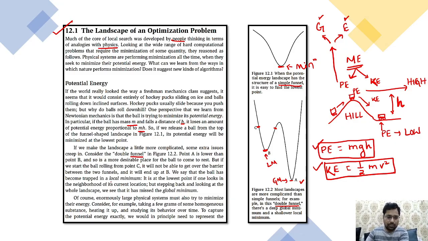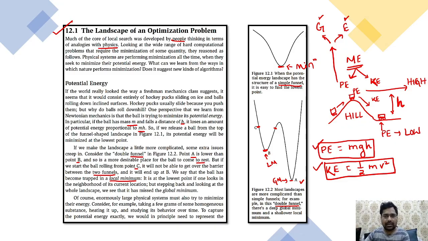This is what is written here. You can read figure 2.2: A is lower than the B point, so it is a more desirable place. Like I told you, there is a ball. Suppose you started with the ball, it came to rest, but if we start the roll from point C, it will not be able to get over the barrier between two funnels, which I told you earlier, because the height is less, so we can expect it only up to that point.